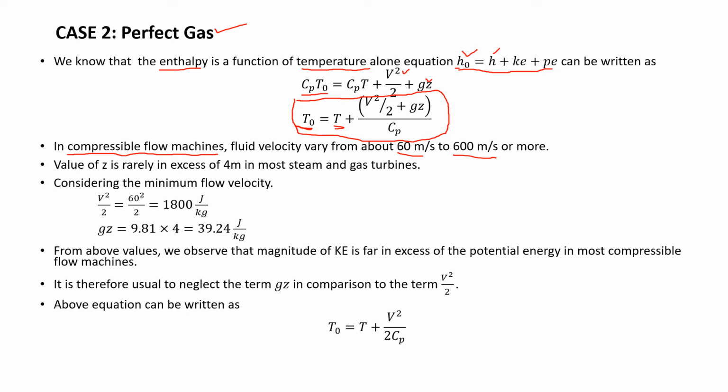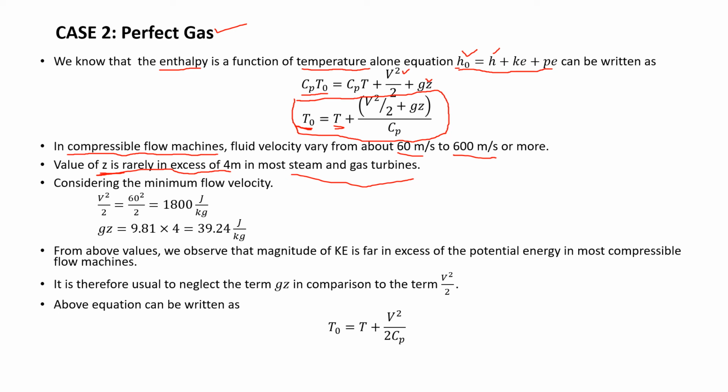Remember, and usually the datum height rarely exceeds 4 meters in most steam and gas turbines. At the max it can be in and around 4 meters.